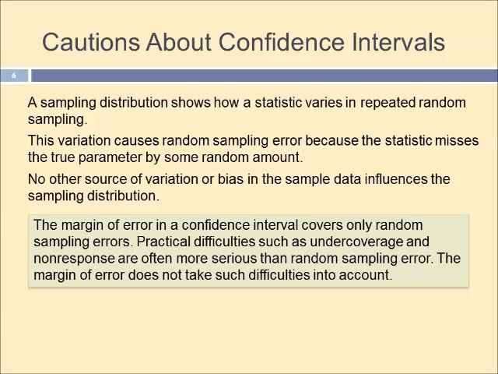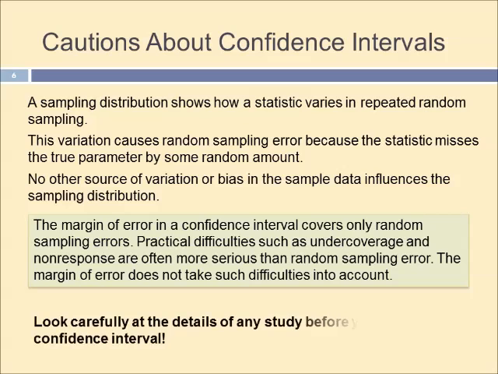So practical difficulties such as undercoverage and non-response are often more serious than random sampling error. The margin of error does not take these difficulties into account. So we need to look carefully at the details of any study before we trust a confidence interval. Don't just accept it on face value.